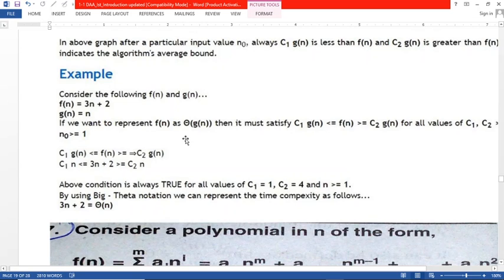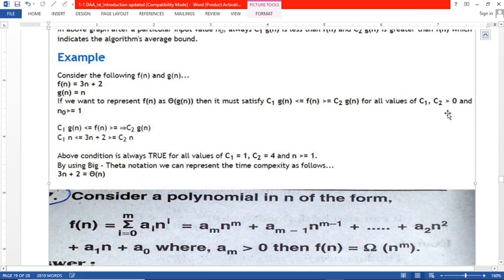If we want to represent f of n as theta of g of n, then it must satisfy c1 times g of n less than or equal to f of n, less than or equal to c2 times g of n, for all values of c1 and c2 greater than 0, and n0 greater than or equal to 1.